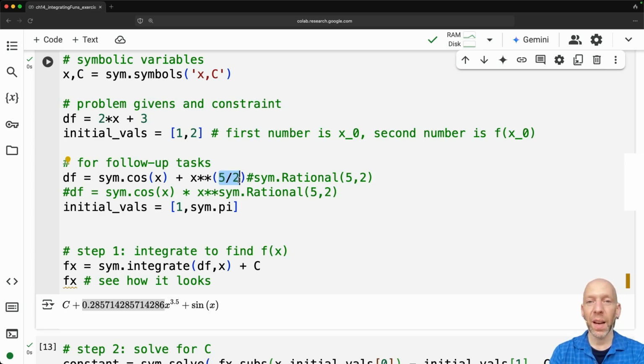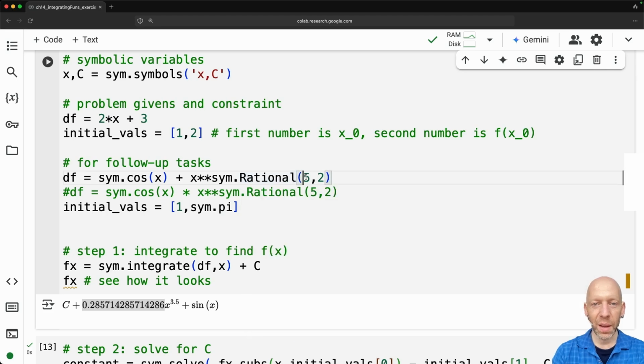Previously, I showed you one method of getting SymPy to treat numbers as symbolic objects and not as floating point numbers, by using sim.simplify. What I'm showing here is another method when you have a rational fraction, basically just the ratio of two numbers.